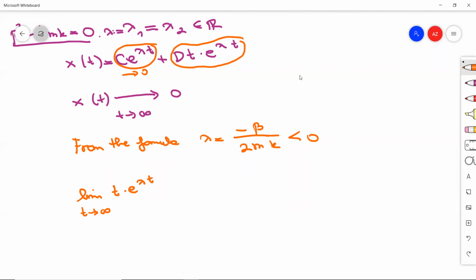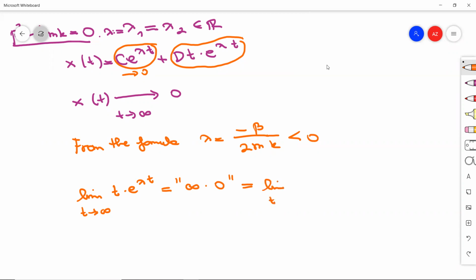It's a special limit of the form infinity times 0, and we don't know which one prevails. We can use one rule to figure out which one prevails. Yes, we can use L'Hopital's rule.